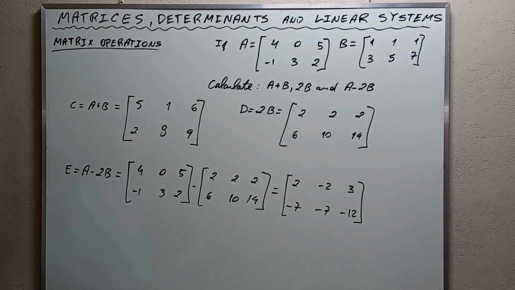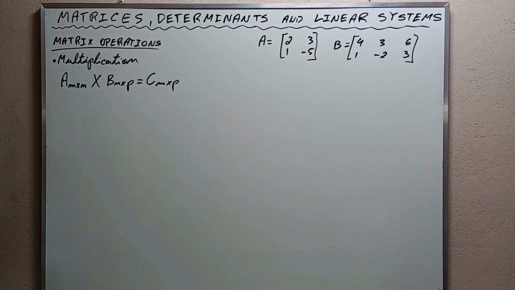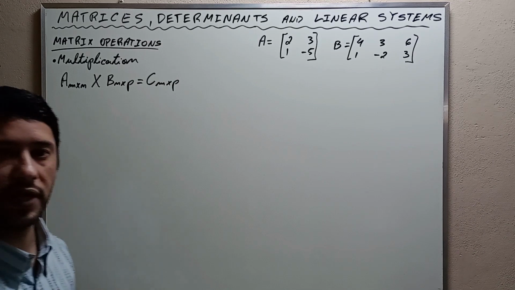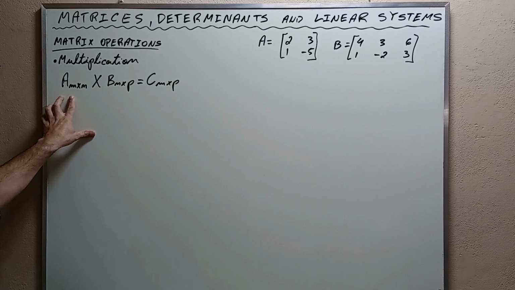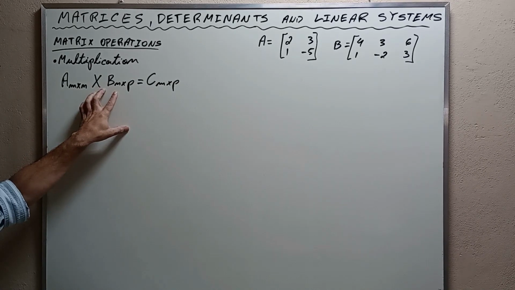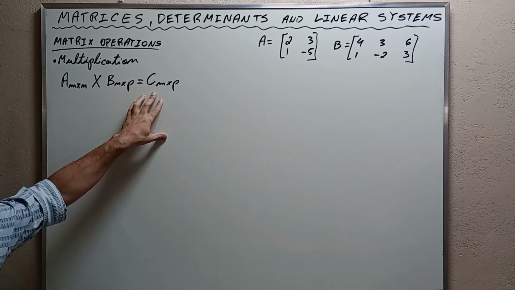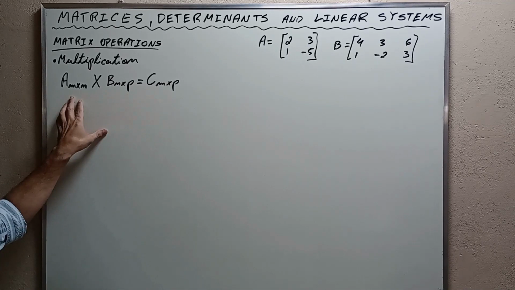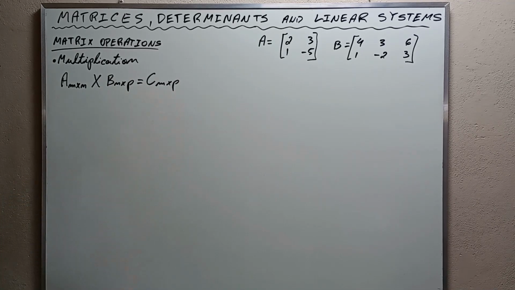Okay, now we are going to move on to matrix multiplication. We are going to learn how to multiply two matrices. Matrix multiplication. If A is an m by n matrix and B is an n by p matrix, matrix C resulting from the multiplication between A and B will be an m by p matrix.